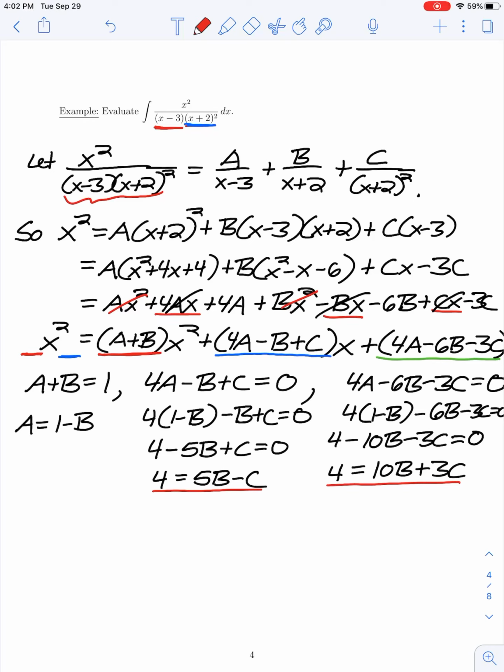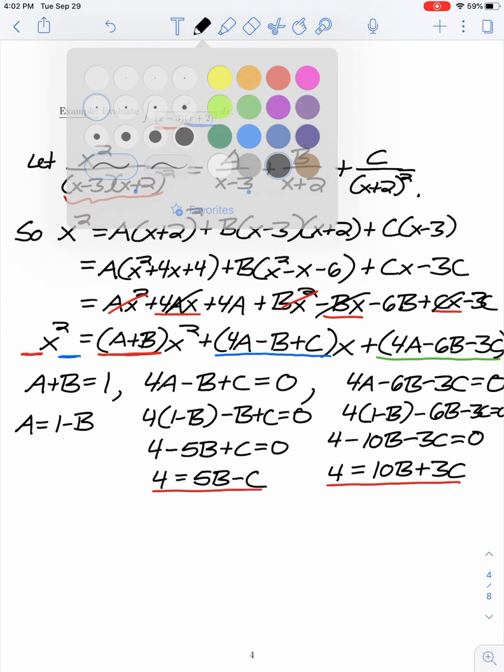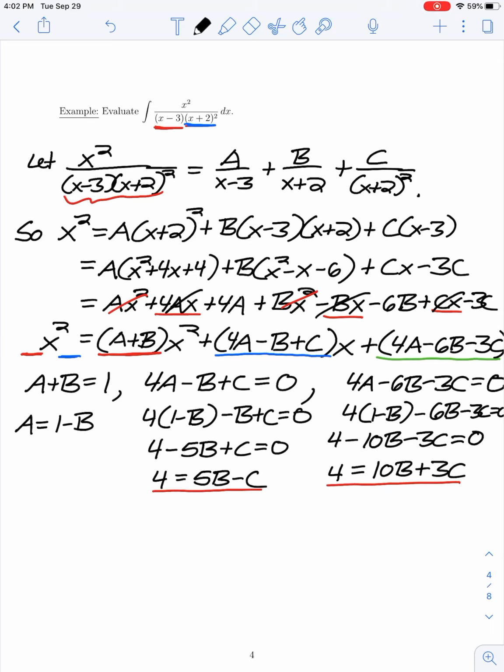So we would have our first equation, 5b minus c is 4. And our third equation here was 10b plus 3c is equal to 4.